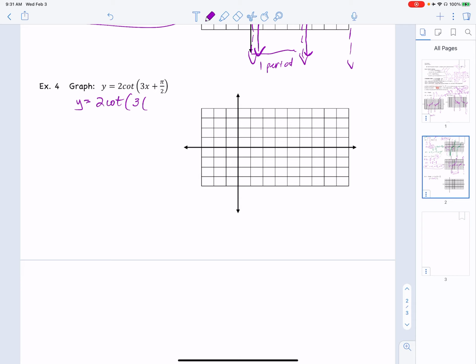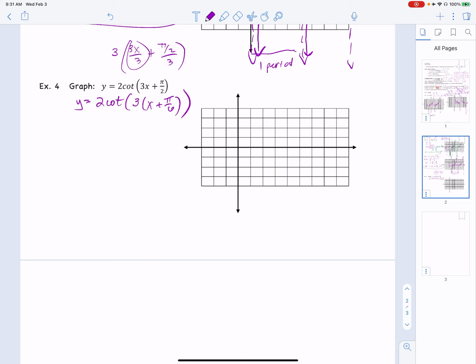And when I pull out that 3, I am dividing each of the terms inside there by 3. And this simplifies to x. People do fine with that, but the pi halves divided by 3 is pi halves times 1/3. You divide by 3, multiply by the reciprocal, and you get a pi 6.